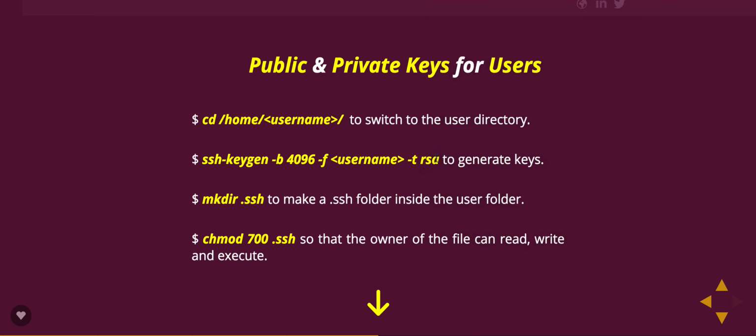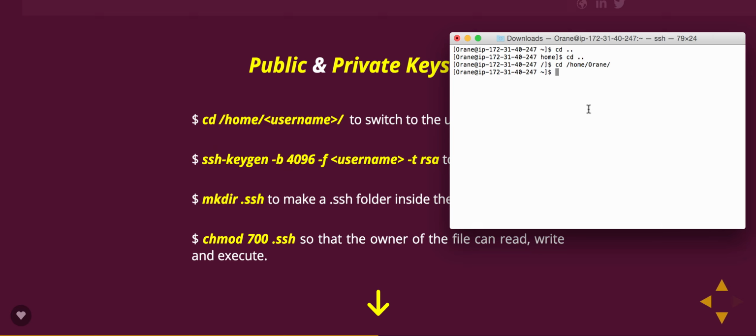Now we'll be running this ssh-keygen command to generate keys for our user. So let's just go ahead and do that. ssh-keygen, and this -b states the amount of bytes that this file will consist of.